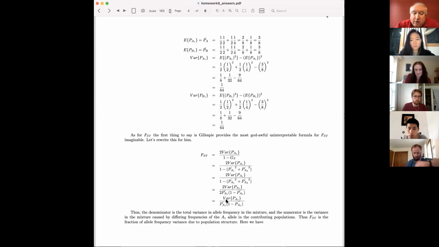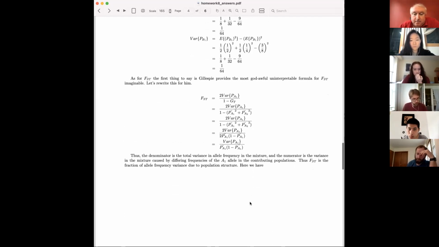And that's how you should be thinking of FST. If this bottom term is the total variance in allele frequency, this top term is the variance in allele frequency due to substructure. FST is the fraction of the variance caused by substructure.